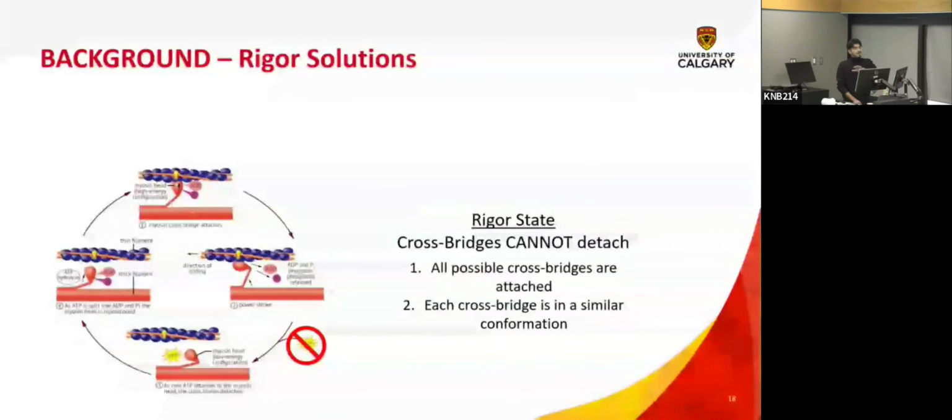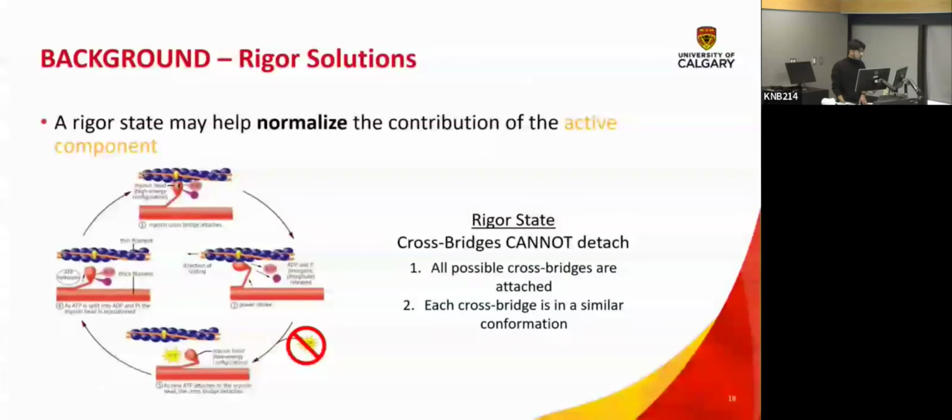Note, I say all possible because it is likely that not every single one will be attached within this situation, but we think it's going to be more than what we currently see within the contracting muscle. The second thing is that we also think that they're going to be in a similar post-stroke conformation. And in doing so, we'll be able to somewhat control for the conformation of these cross bridges as well. By extension, then, we may be able to say that a rigor state will help normalize the contribution of the active component and hence isolate the passive component and its contribution to RFE.